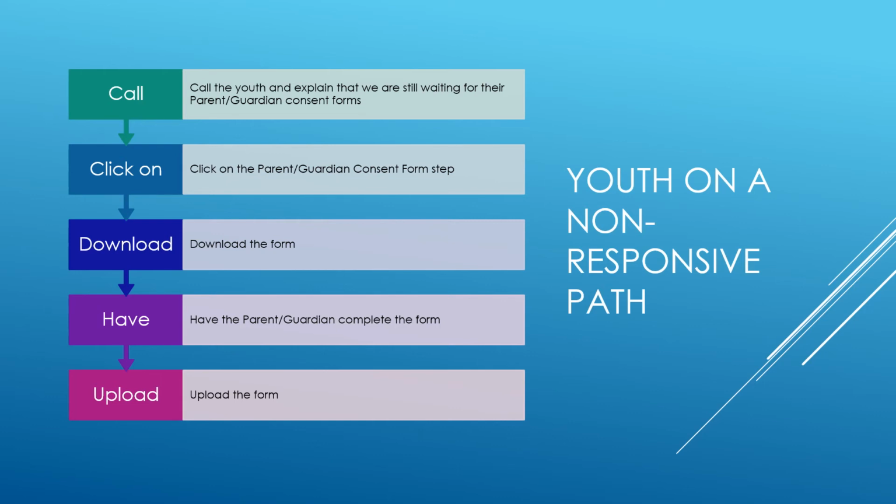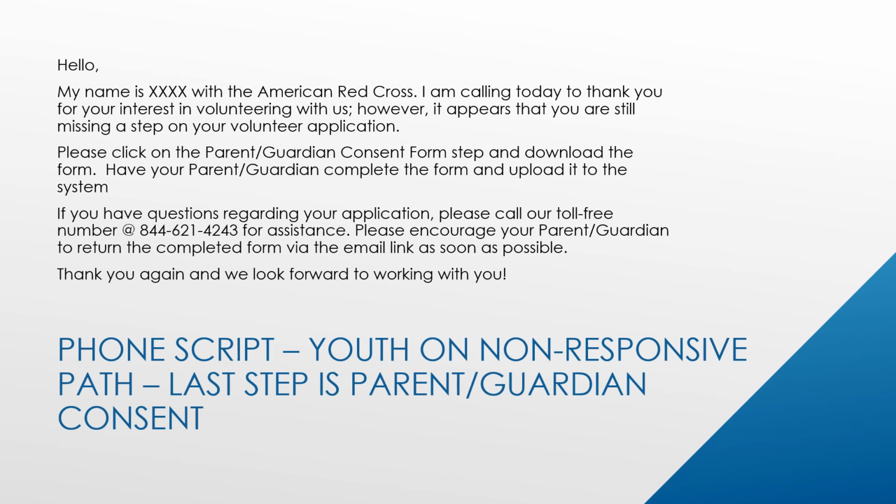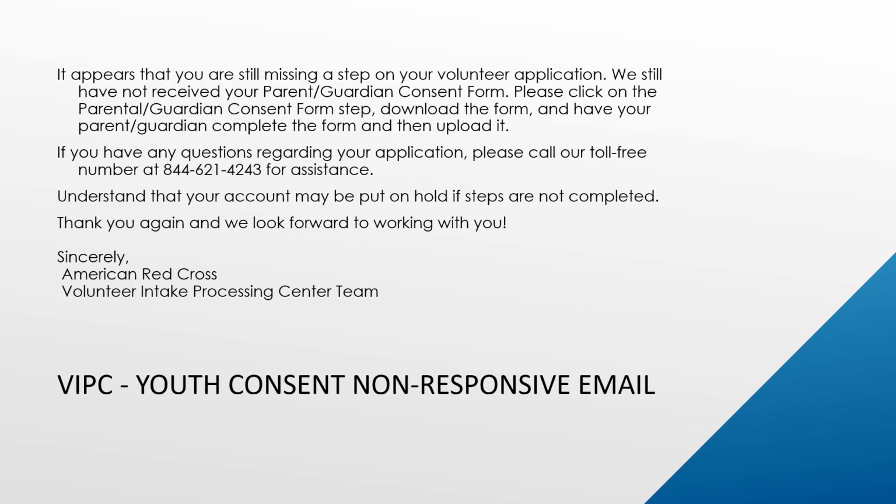They will need to download the form and have the parent or guardian complete the form and then upload the form to the system. Use the non-responsive youth phone script when calling. Send the VIPC Youth Consent non-responsive email.